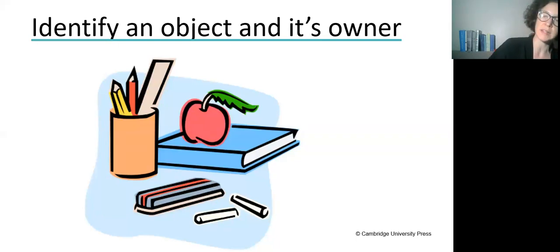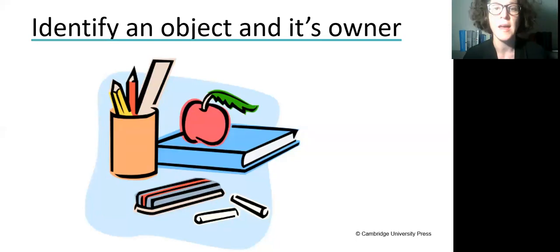Yeah, to practice the same, there are activity structures. You can use realia, like identify an object and its owner. So we have different objects that students put on a table, and then someone picks one object. Whose apple is this?